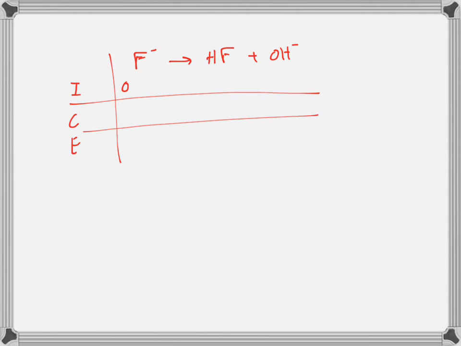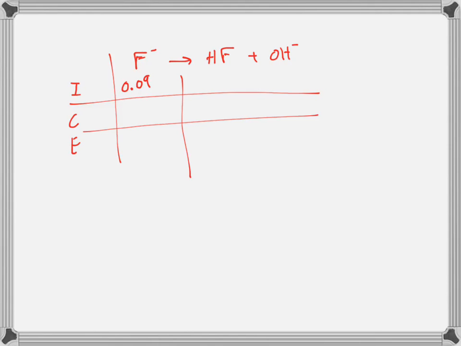Why is it 0.09 and not 0.1? It just reacted with the acid. It's no longer that 0.1. Remember, we have to take over what happened after we added the acid. That's where we get the 0.09.